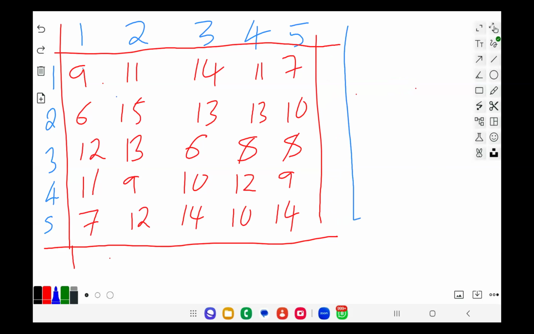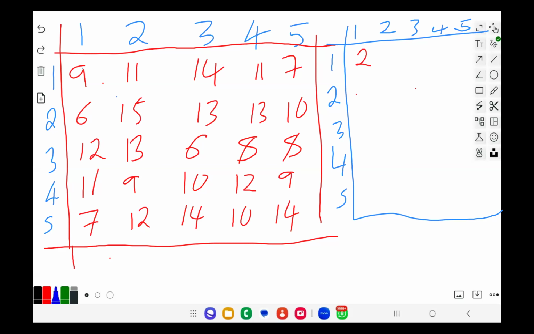This is a new table that we're going to create, having rows 1, 2, 3, 4, 5, and on top we still have columns 1, 2, 3, 4, 5. You're following, right? So let's have the numbers, and we shall say 9 minus 7. This will give us 2, right?